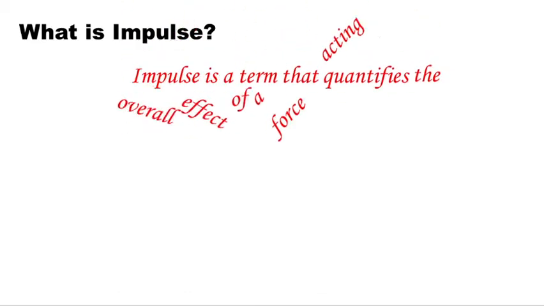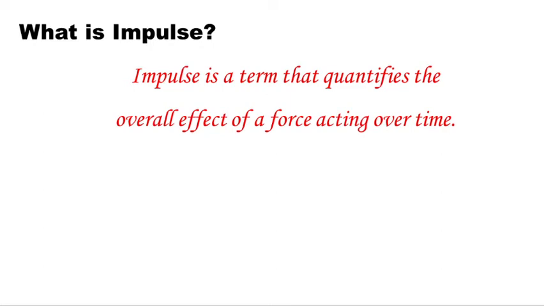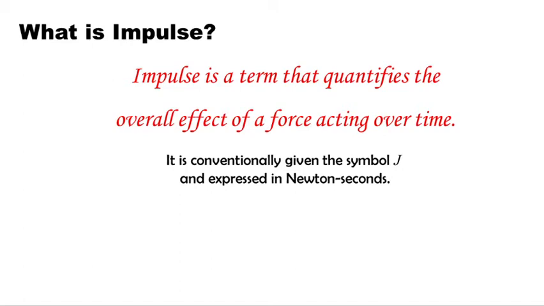So what is impulse? Impulse is a term that quantifies the overall effect of a force acting over time. It is conventionally given the symbol J instead of I and expressed in Newton seconds.